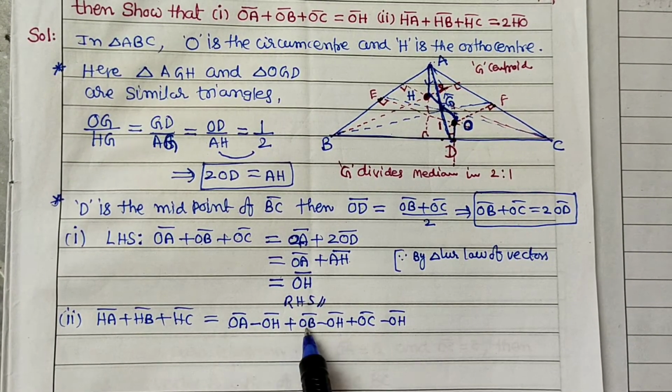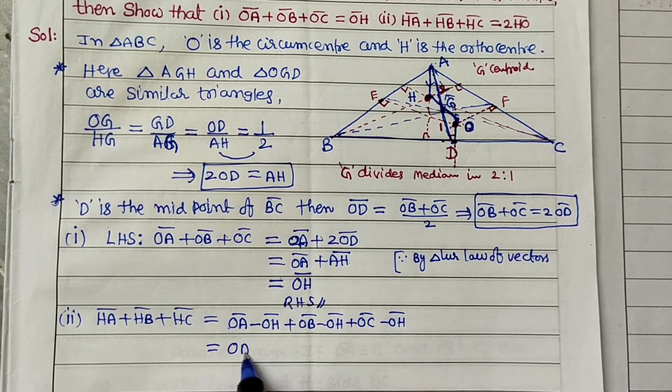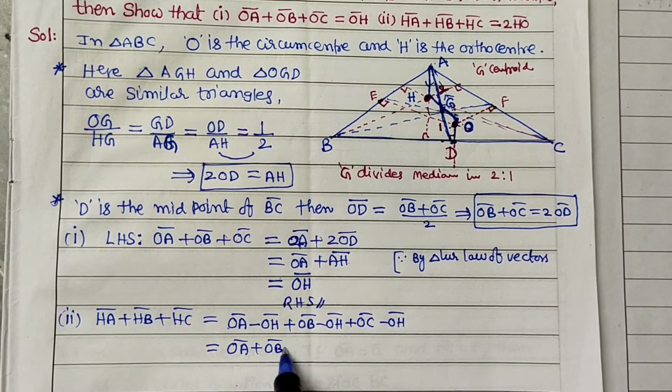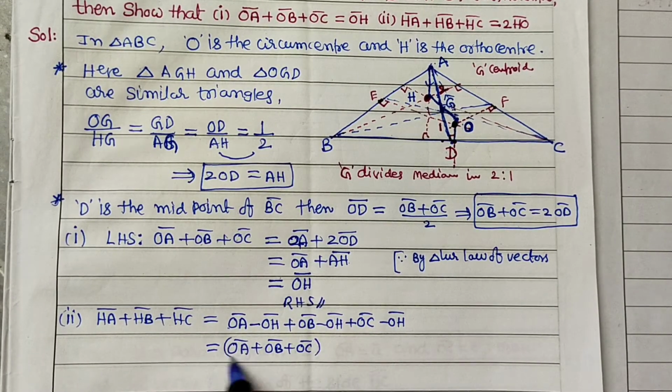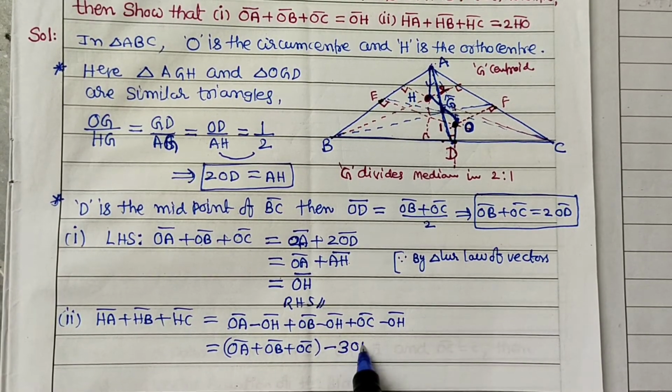So OA bar plus OB bar plus OC bar is equal to OA plus OB plus OC minus OH minus OH minus OH, minus 3OH.